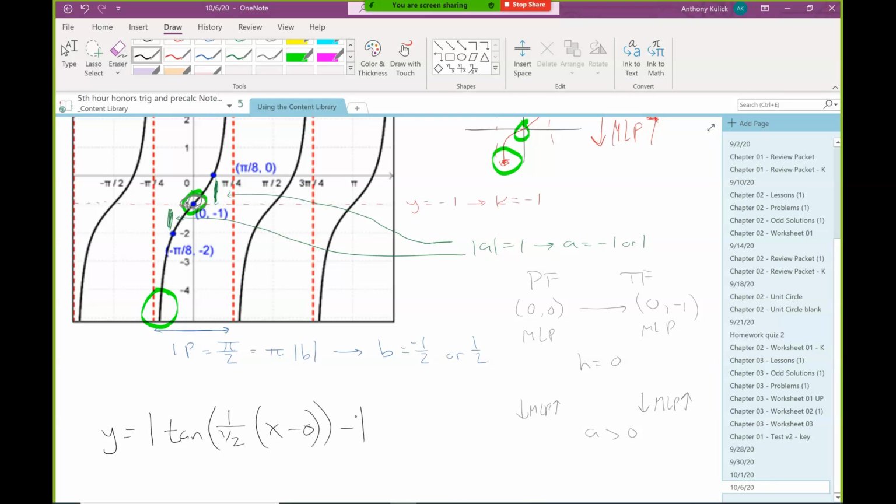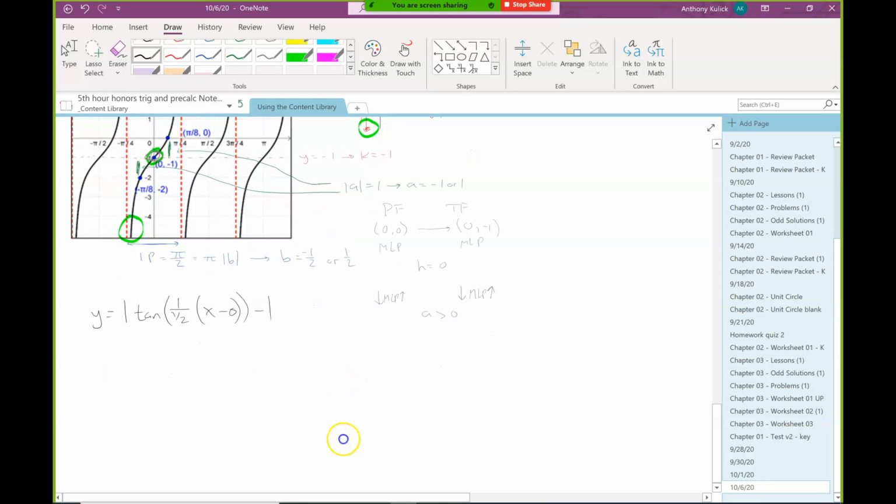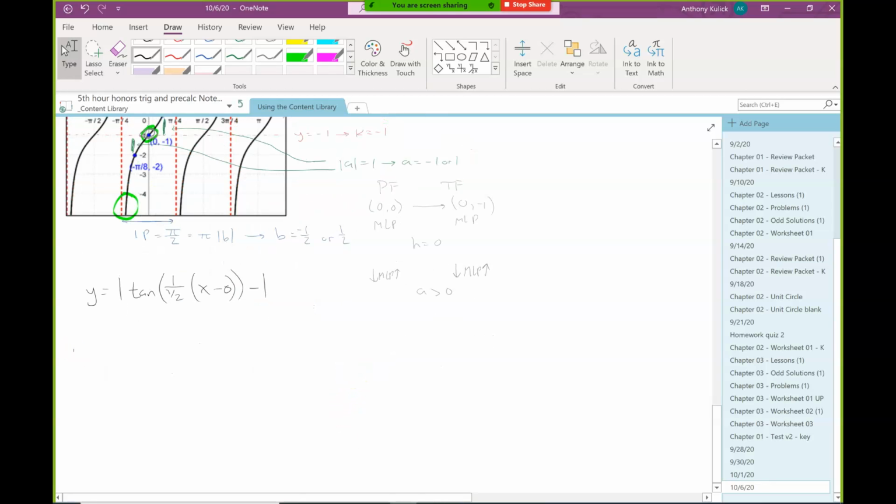So if you go back to look at it, you're not confused as to what's going on. Let's do one more. And then we'll be done with the notes here.